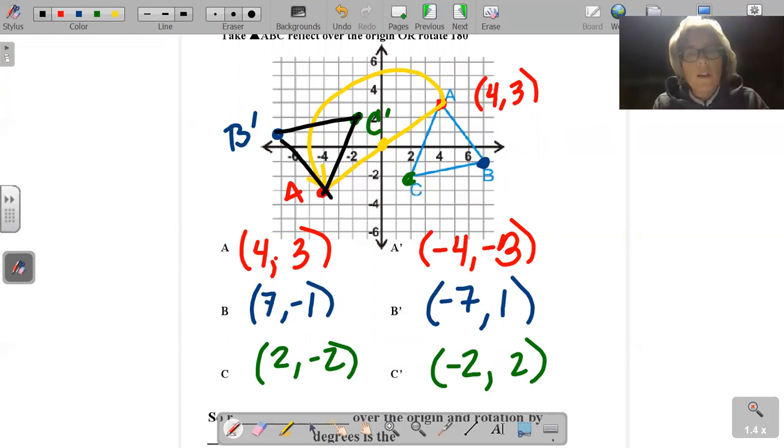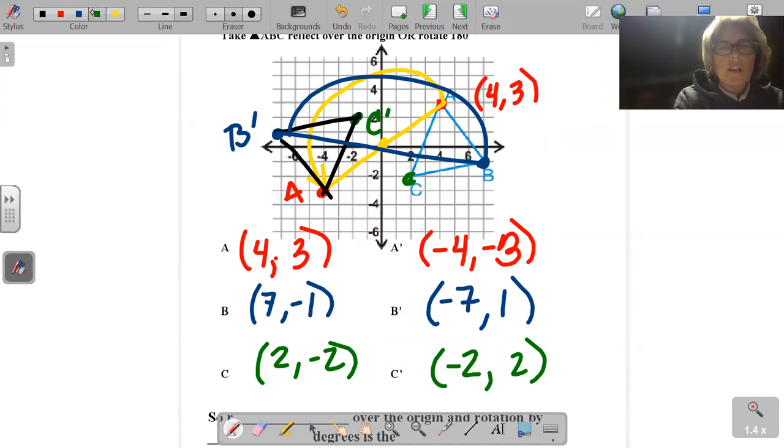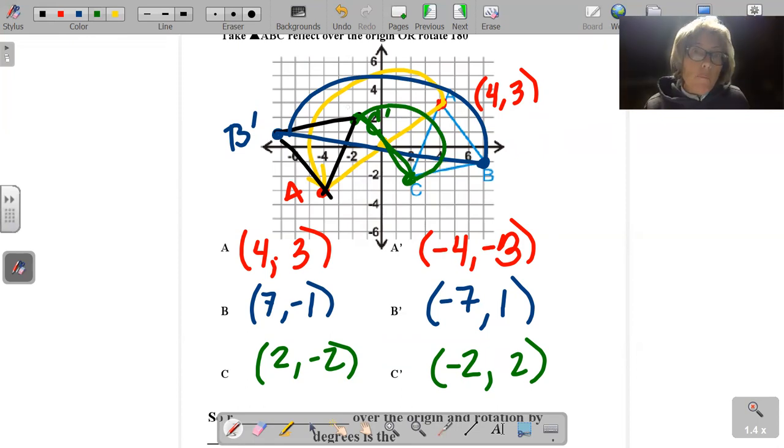So every single one of these points has flipped over the origin, B to B prime, and gone 180 degrees, C to C prime through the origin, or 180. So to flip over the origin, you opposite both.